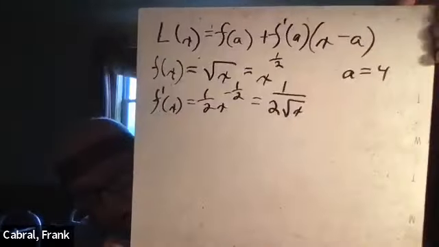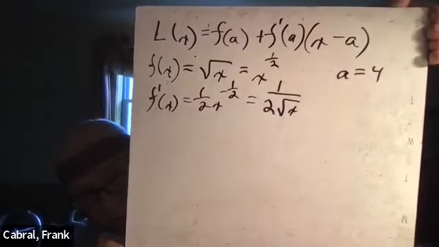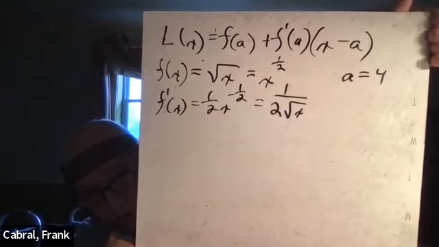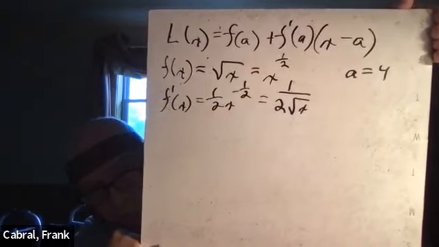And we're going to find the linearization at, let's say, a equals 4. And I'm choosing a equals 4 because it's a perfect square, and we're going to end up with some nice numbers from this. Okay. So there's my derivative, which I'm going to need in order to find this linearization.